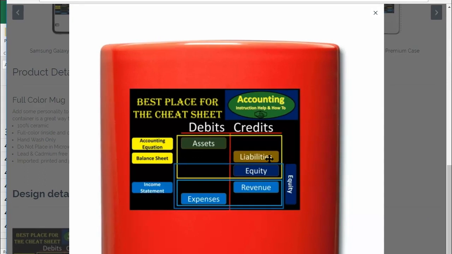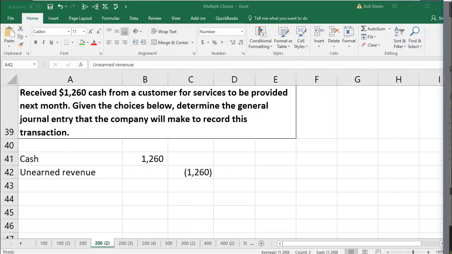Unearned revenue is a liability account. It's going up because we owe something in the future. We owe our work in the future, and therefore we've got to increase the credit balance. And the way we increase any account is we do the same thing to it as its normal balance. Normal balance here being a credit, we will then credit it to make it go up.